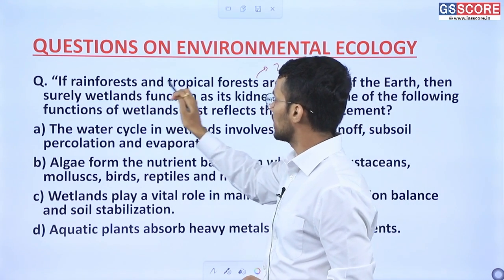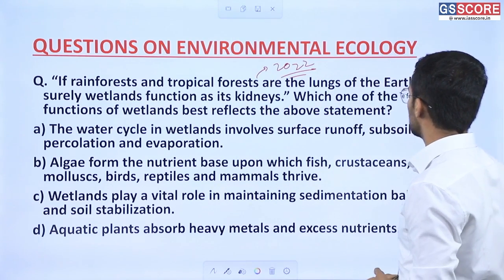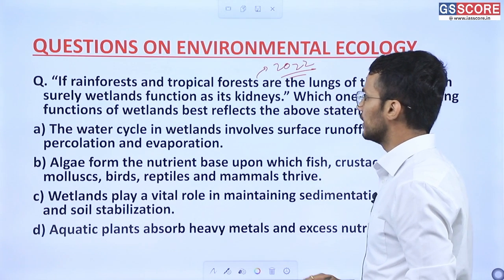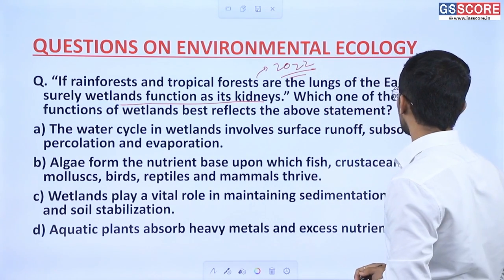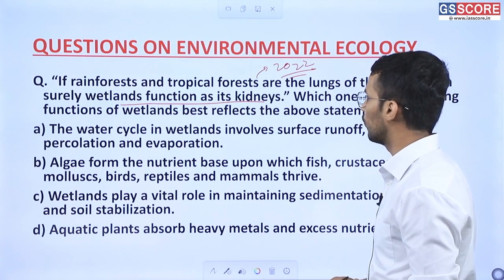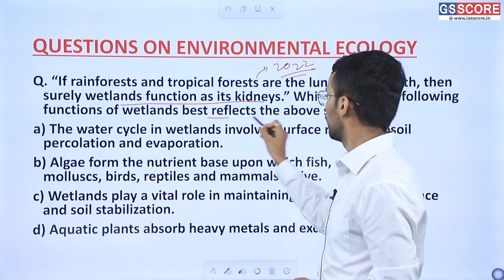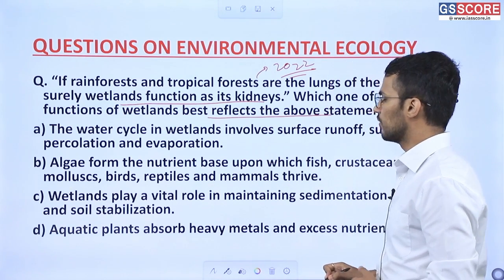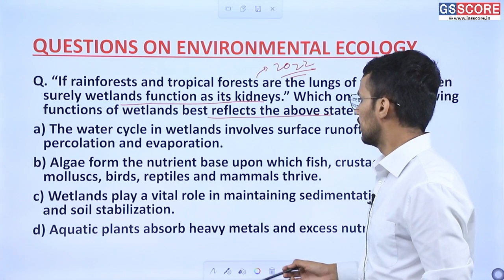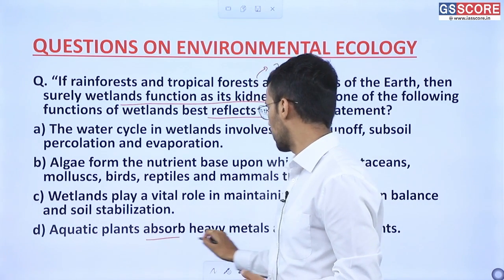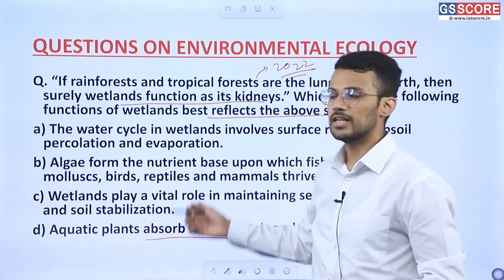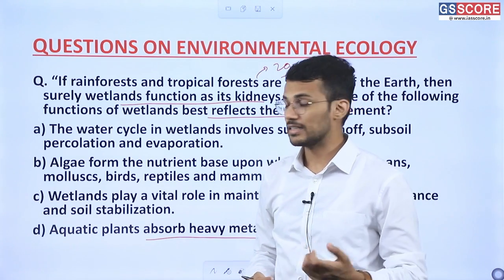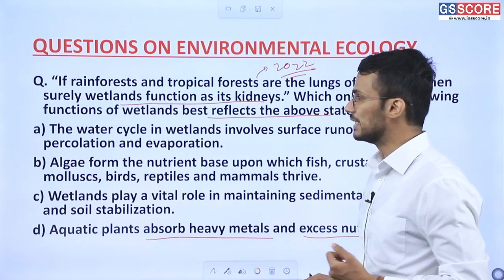If rainforest and tropical forest are the lungs of the earth, then surely wetlands function as its kidneys. Which one of the following functions of wetlands best reflects the above statement, right? So they are able to absorb heavy metals and excess nutrients, and that's why wetlands are called the kidneys of nature, right?